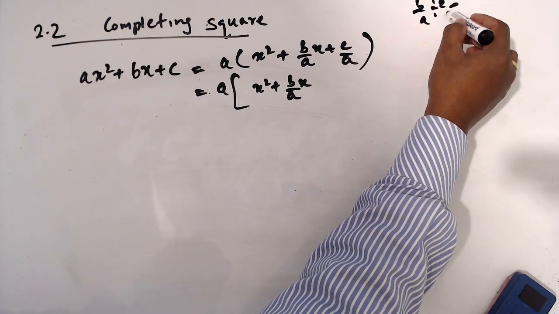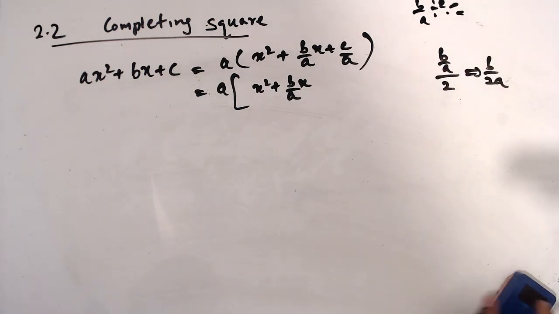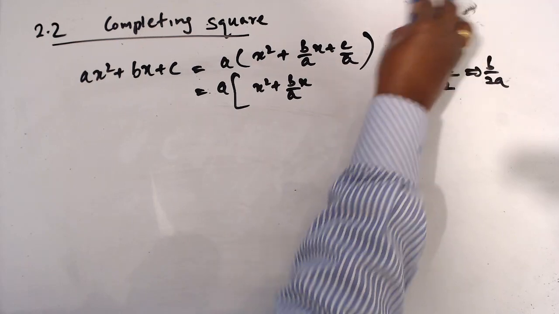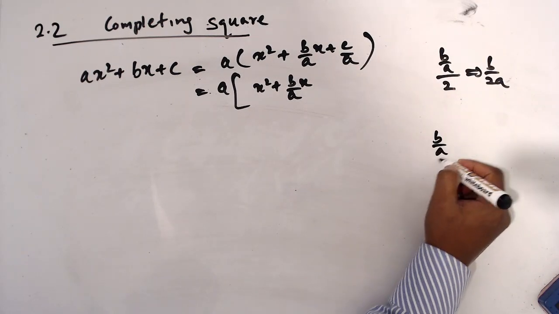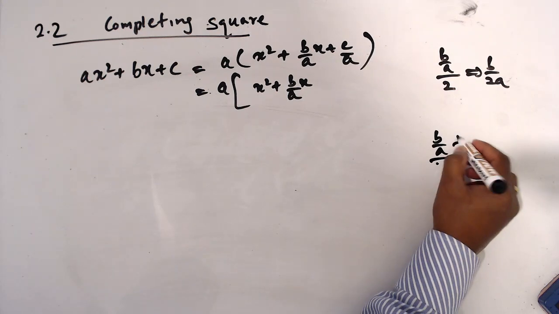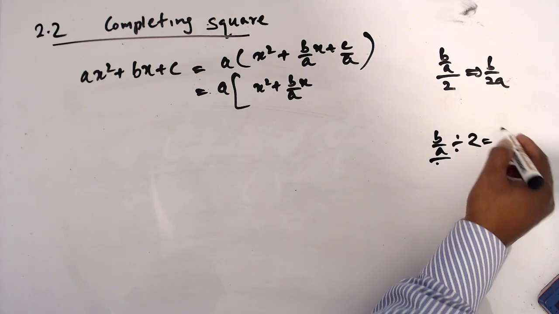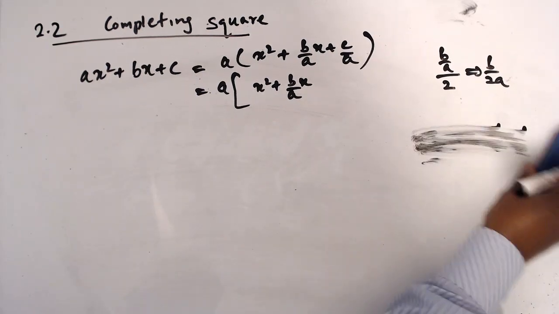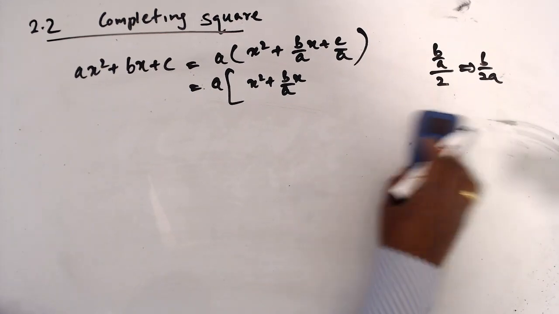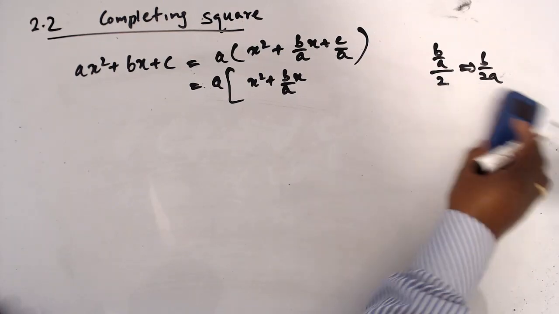b over a divided by 2 means b over a multiplied by half, right? So likewise you can simplify.